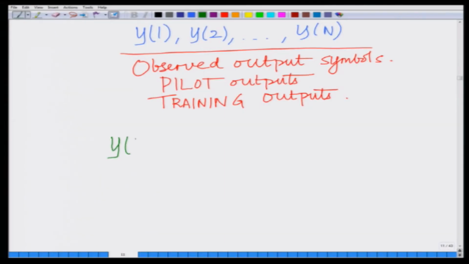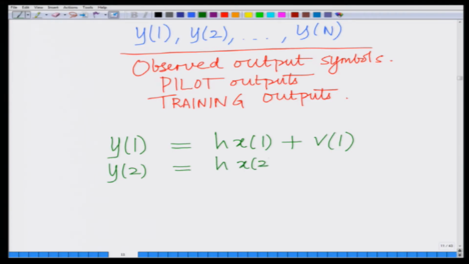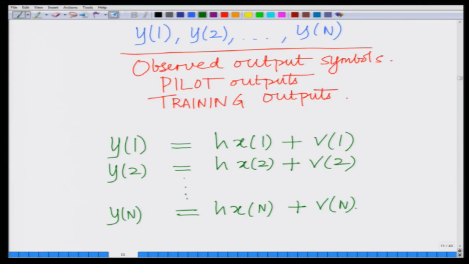So, now one can describe the pilot outputs as follows. We have the pilot outputs y1 equals h times x1 plus v1, y2 equals h times x2 plus v2, so on and so forth. We have yn equals h times xn plus vn.